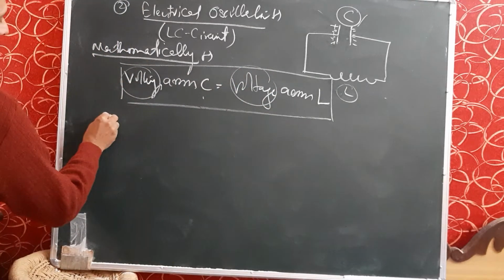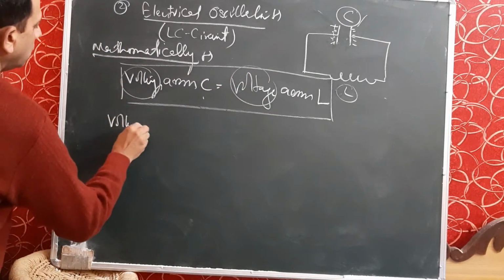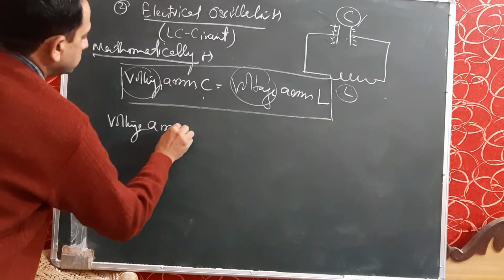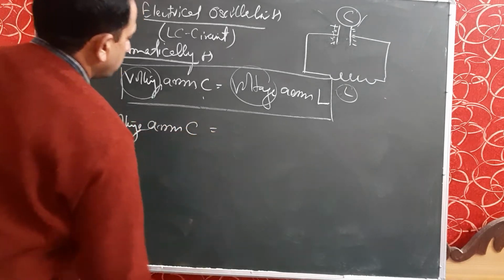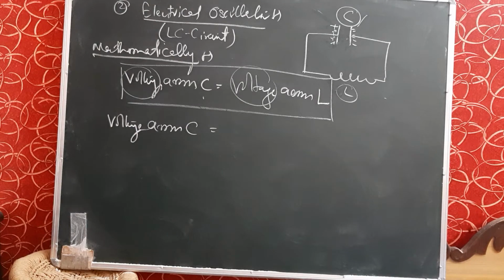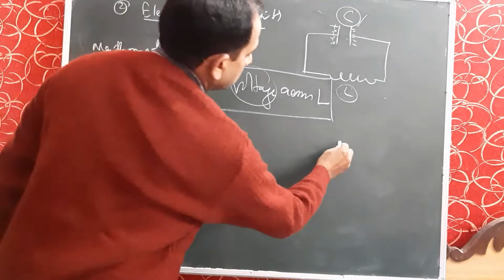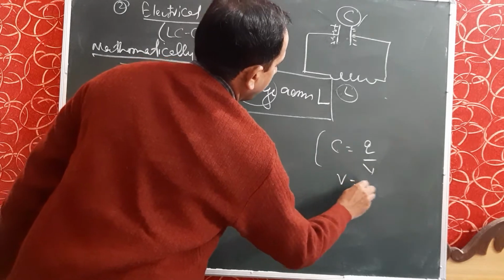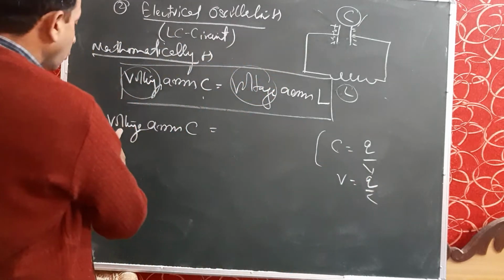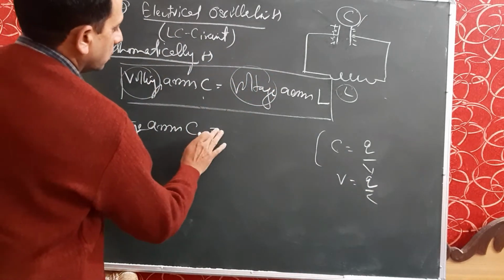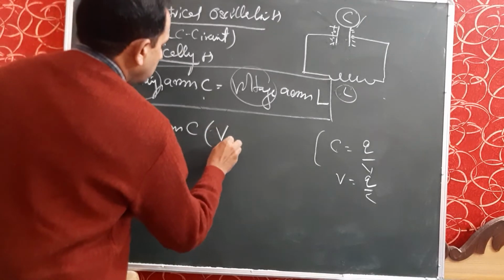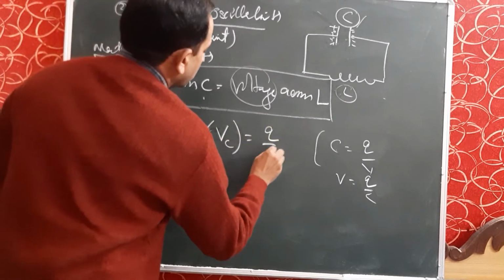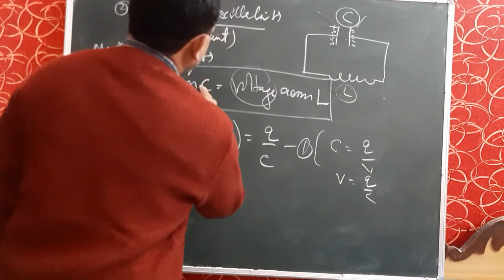You know that in the case of a capacitor, C is equal to Q upon V, so V becomes Q upon C. The voltage across the capacitor, Vc, is Q by C. This is the first equation.